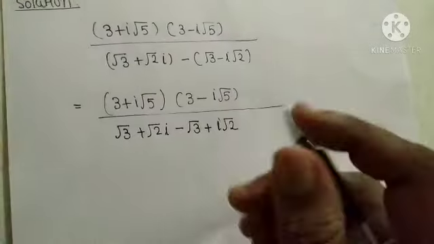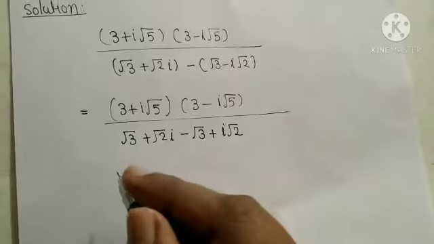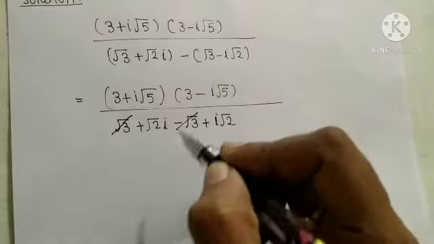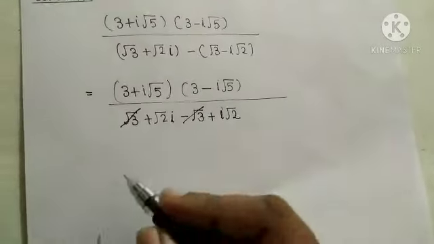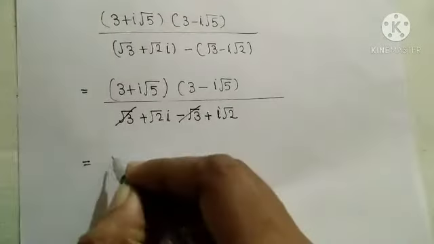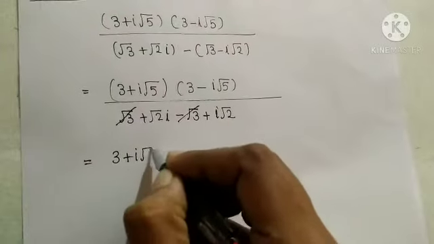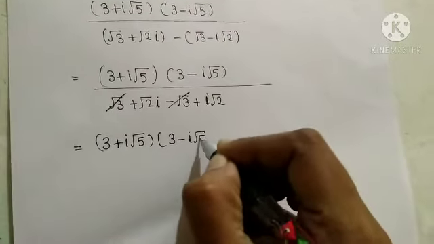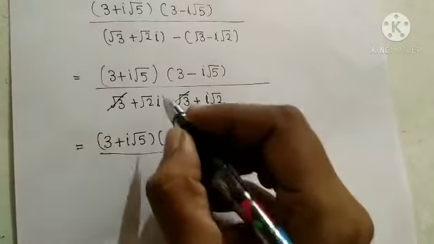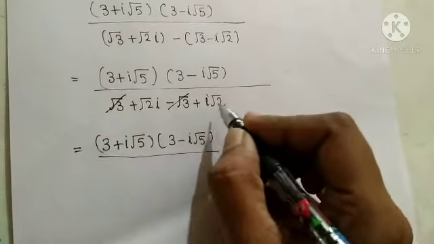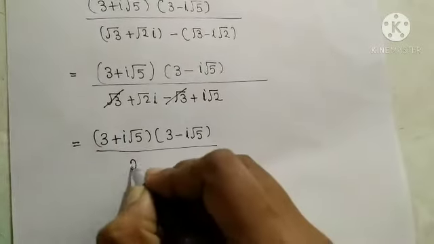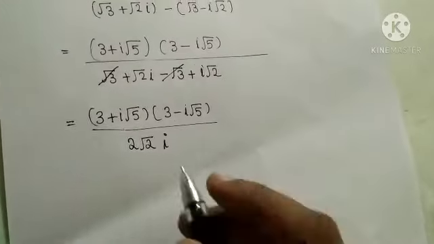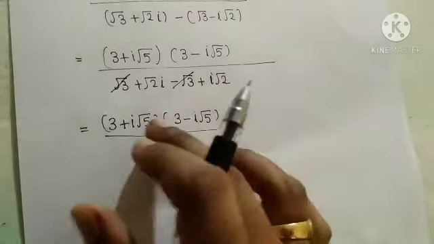If you observe in the denominator, plus root 3 and minus root 3 will cancel, and here we get (3 plus i root 5) into (3 minus i root 5) divided by root 2 i plus root 2 i, which means 2 root 2 i.